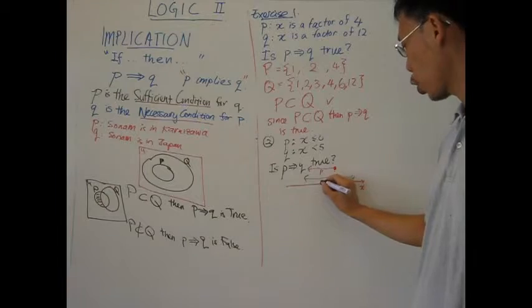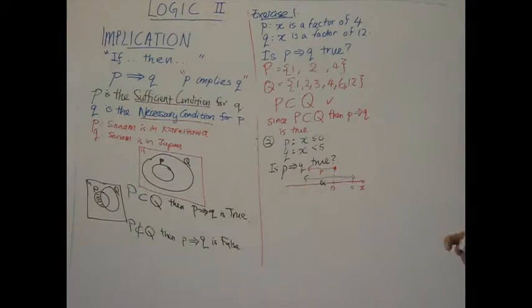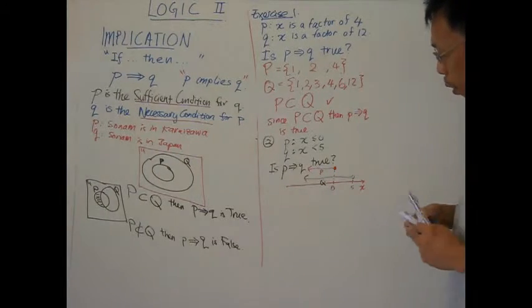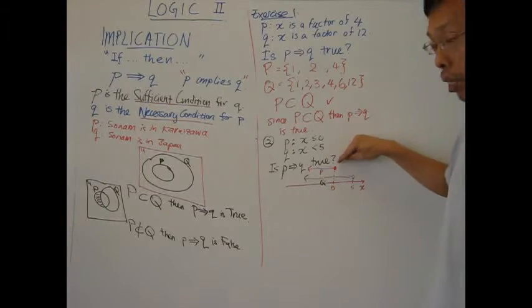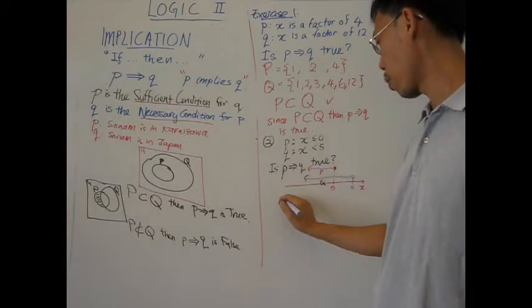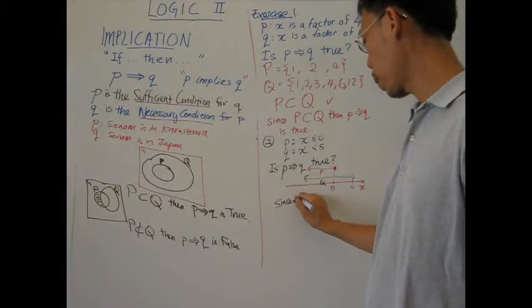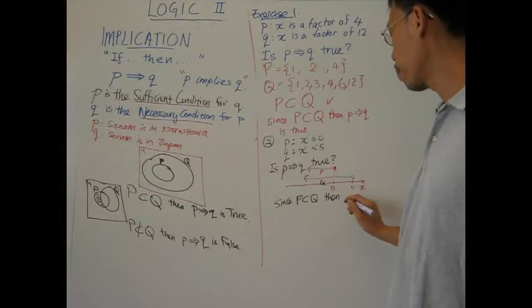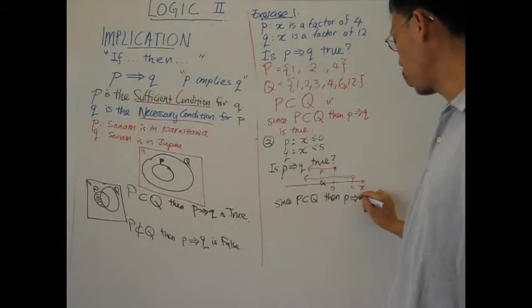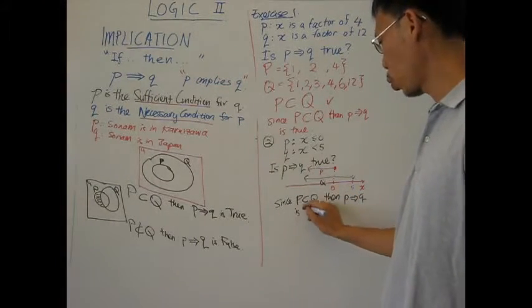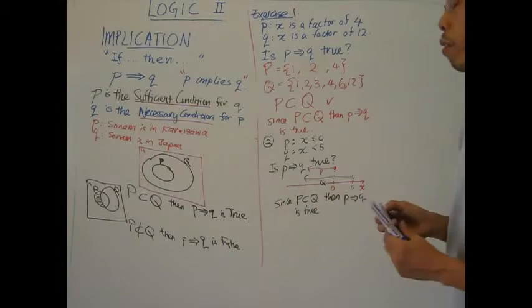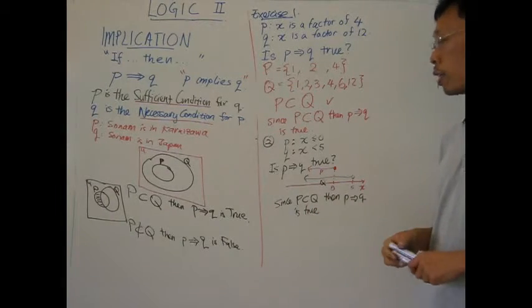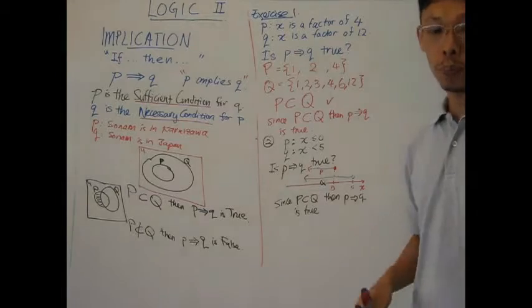And here is my Q. And you now see, it's very obvious now, P is a subset of Q. So since P is a subset of Q, then P implies Q is true again. That's it. This is relatively easy to do.